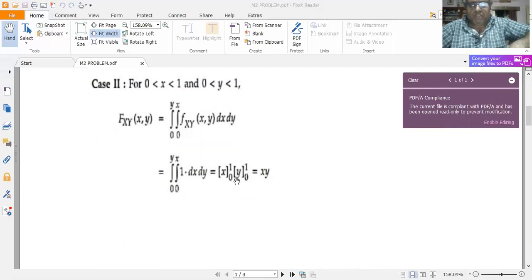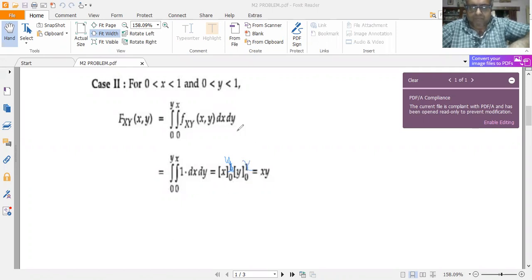x with limits 0 to y and y with limits 0 to x. You must be a little bit careful here.